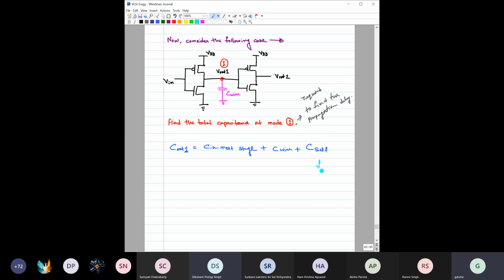This is associated with inverter 1, this is associated with inverter 2, and this is the wiring capacitance, right?